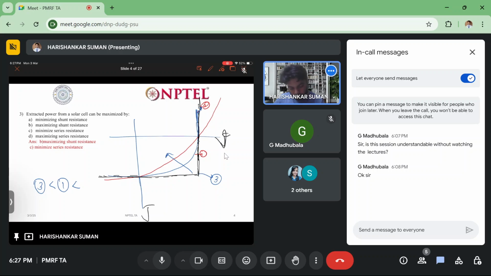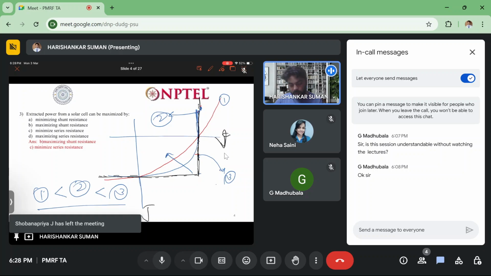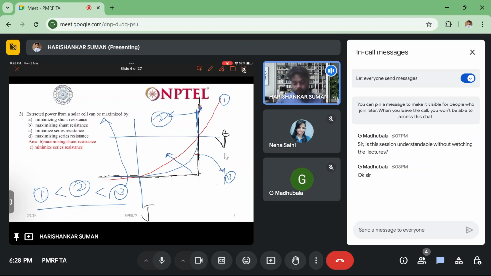Let me point out clearly. Yes, red is 1, then blue is 2, and black is 3, the ideal. So 3 is maximum. This will be the power in maximum order. Clear?